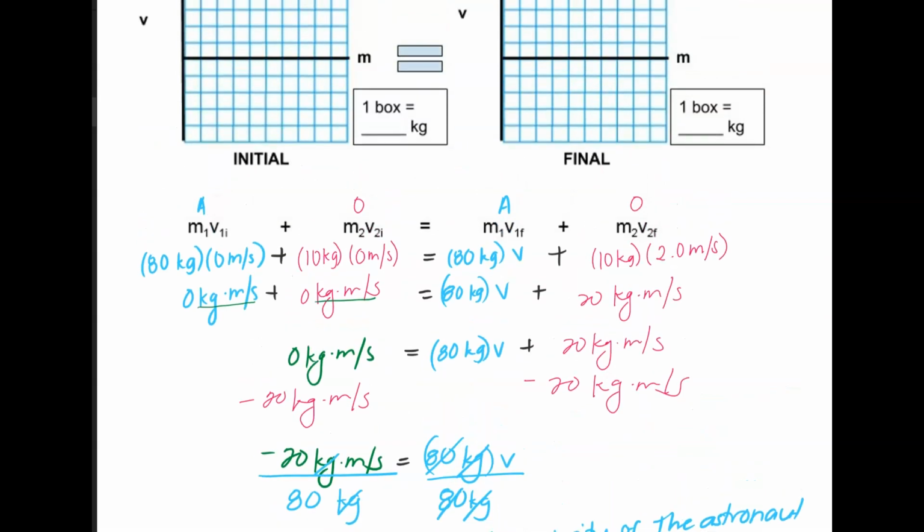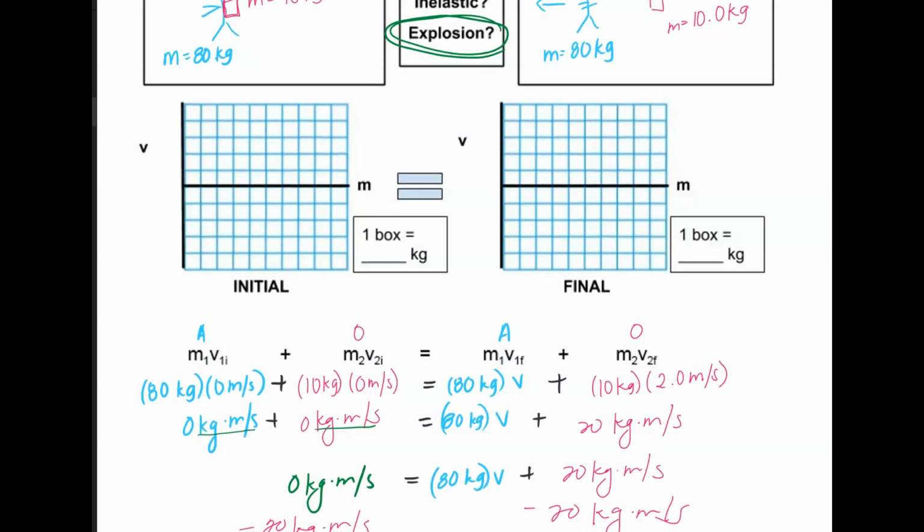Okay, and so for our graph, I think I'm going to make each box worth 10. Each box is going to be worth 10. I should have used a different color for the astronaut, but here we go. The astronaut will be, let's see, 1, 2, 3, 4, 5, 6, 7, 8.